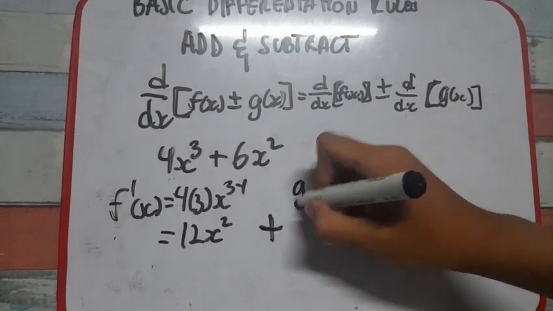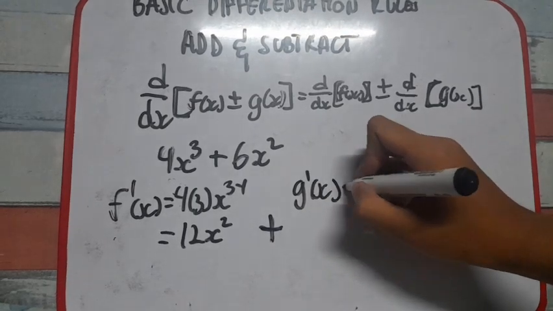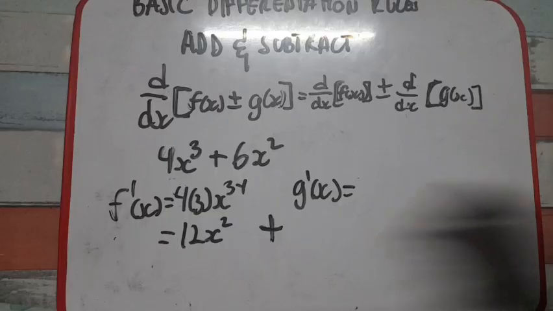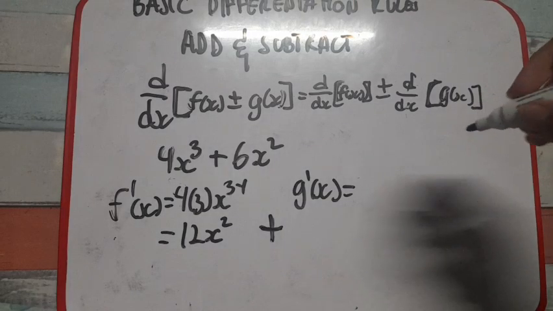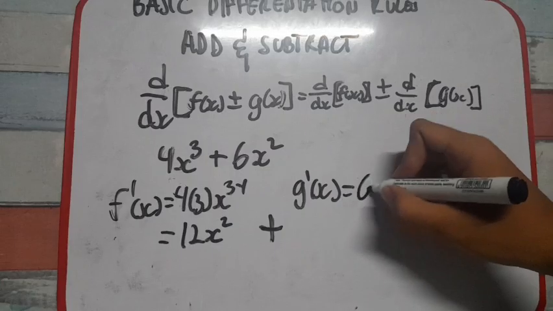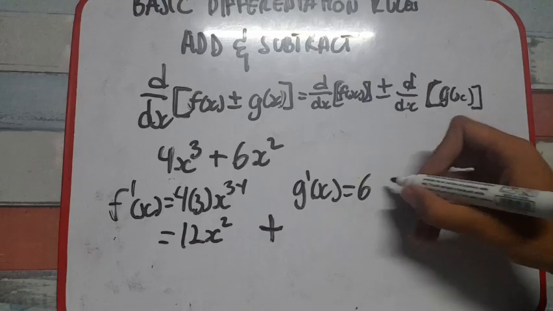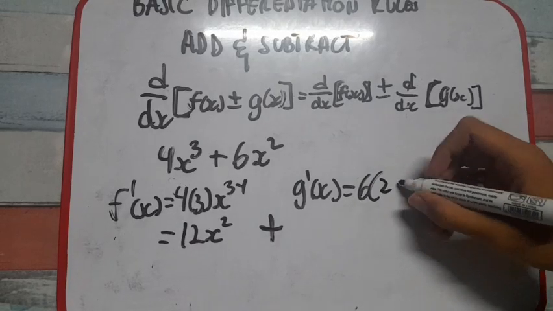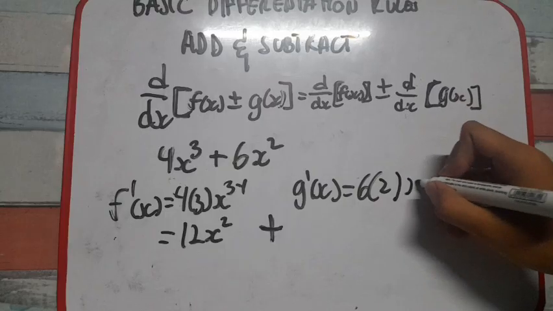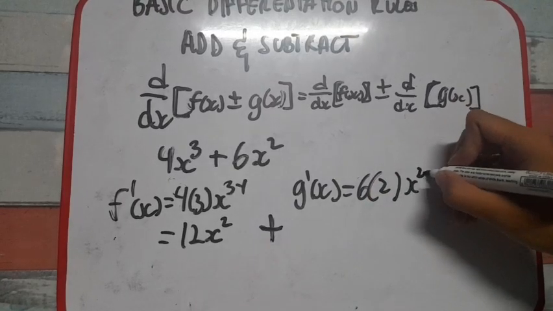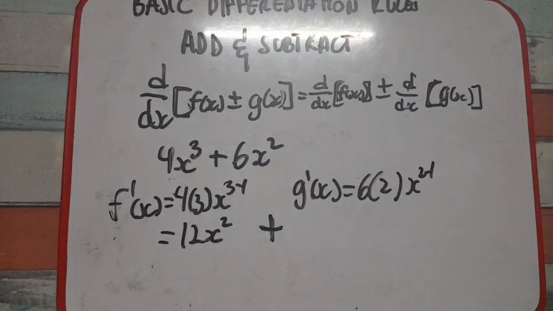the g of x, which is 6x squared. Just like earlier, we keep the 6, pull down the exponent 2, copy the x, and subtract 1 from the exponent, 2 minus 1.